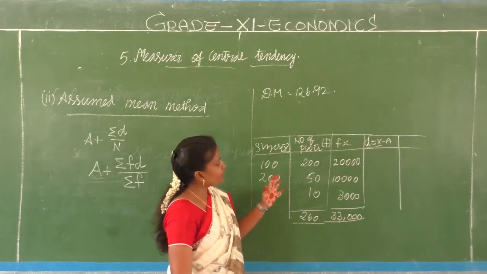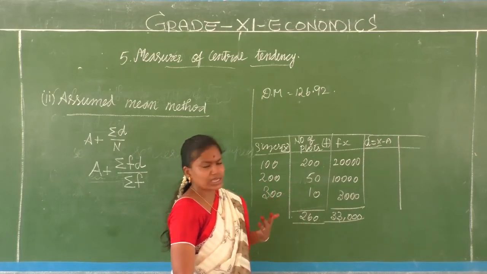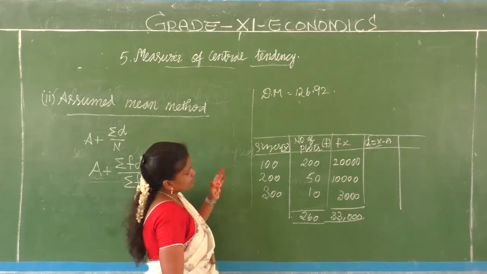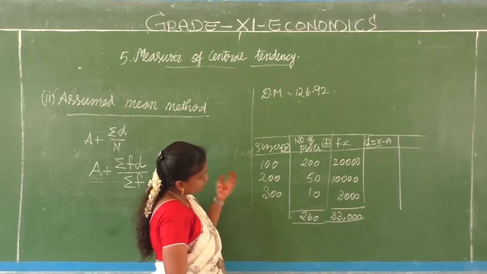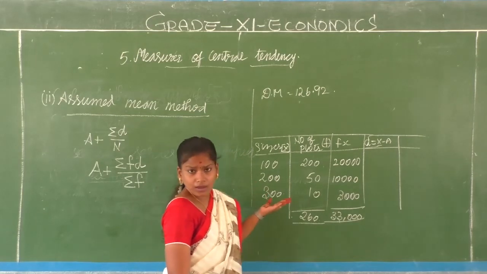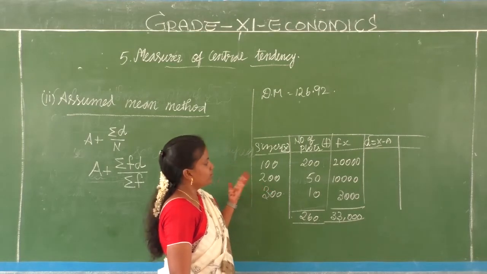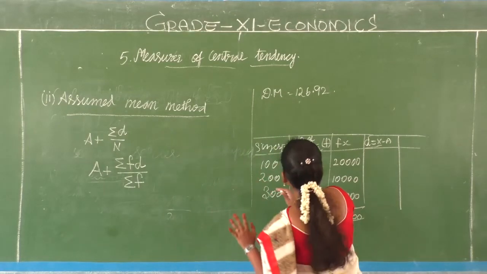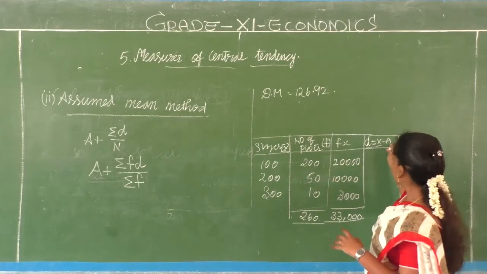We should have an a first. Right? We have to have an a first. We can take anything. Let us take the value of 200 since it's in the middle. Okay? We'll take 200. Fine. So, x minus a. 200 is our a now.